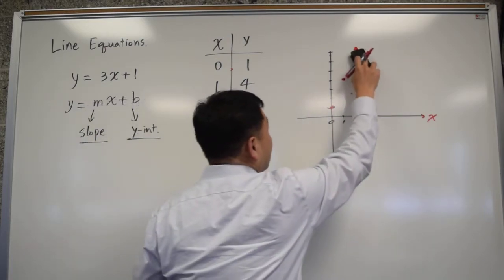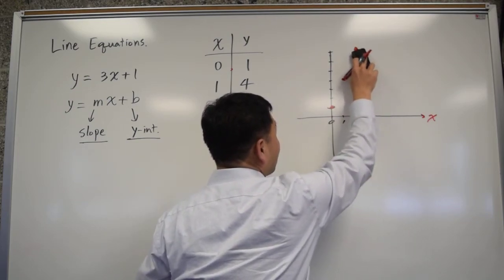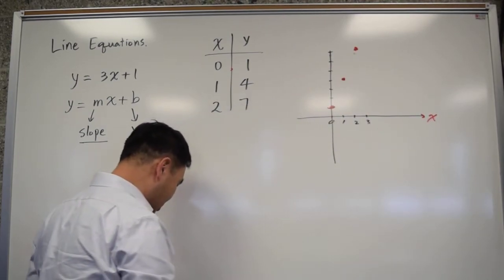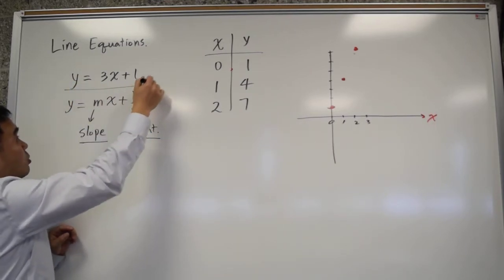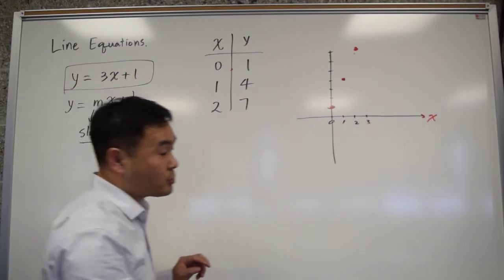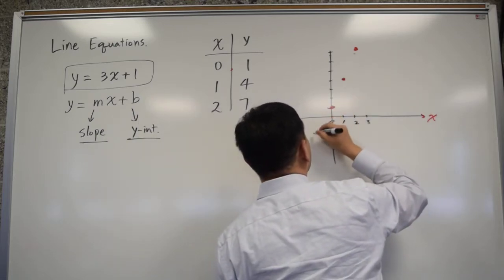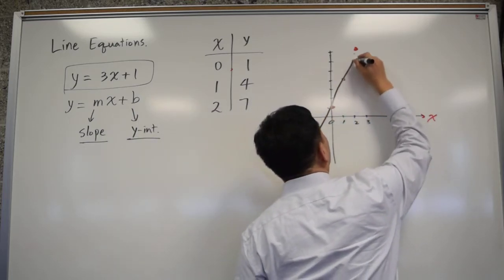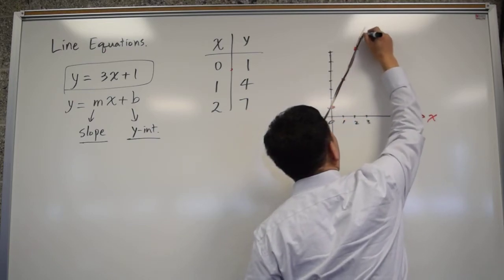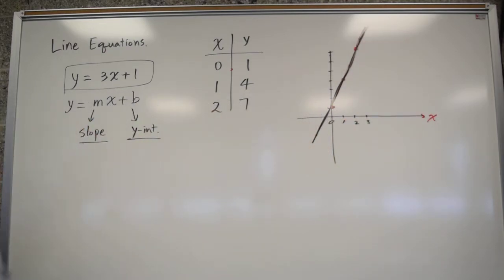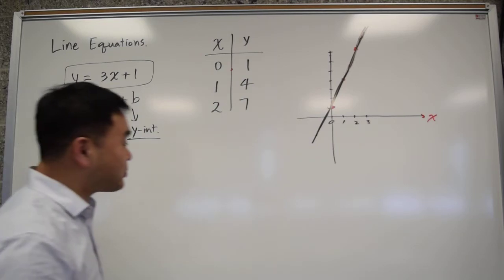Now, if you keep doing this, you plug in more and more points, you're going to see that this equation, y equals 3x plus 1, will give you a straight line. I wish I had a ruler, but that's what you're going to get. You're going to get a straight line, right?